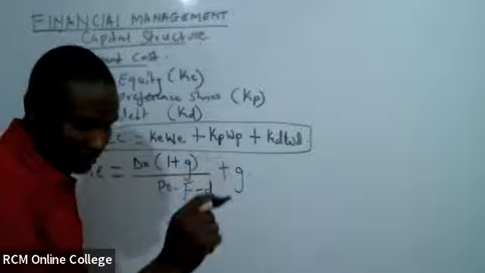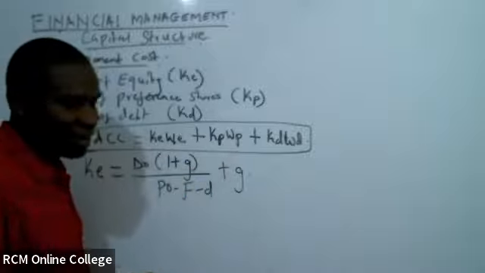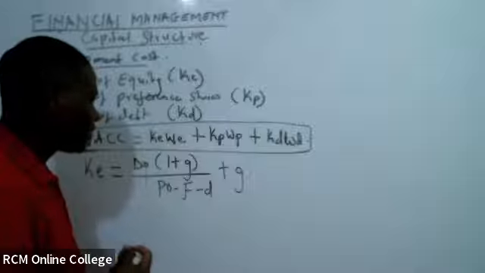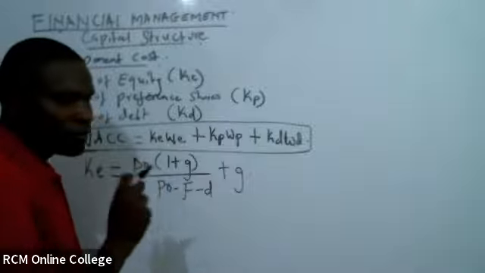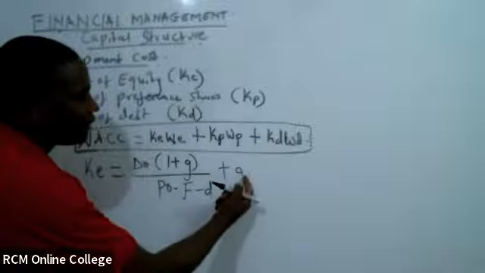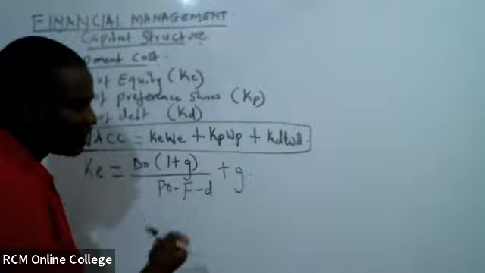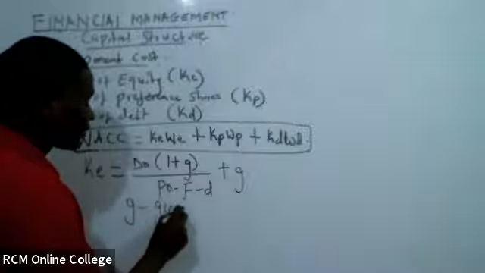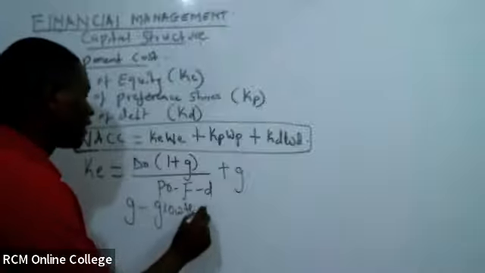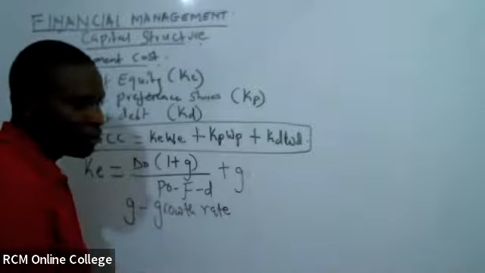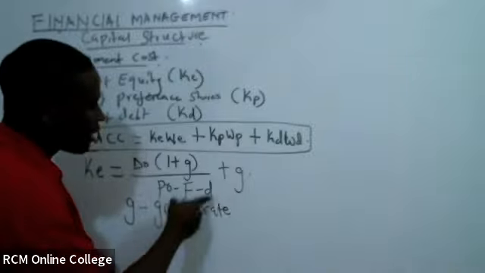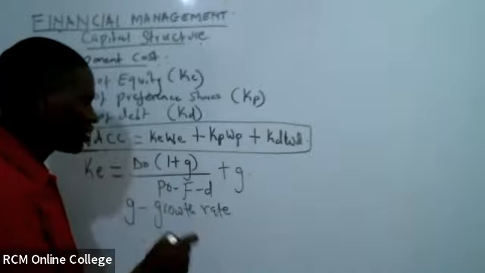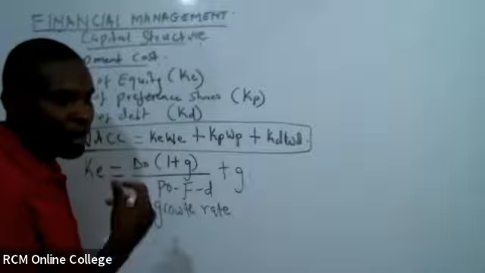Your growth. Class, the examiner will give you a question where g is not provided. Remember, g in this case represents the growth rate. Taka tujikumbushe before we get into a question. If the examiner has not given you the growth rate, how are you going to get your component cost?